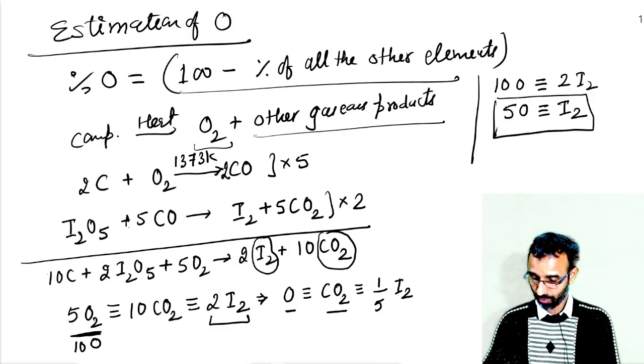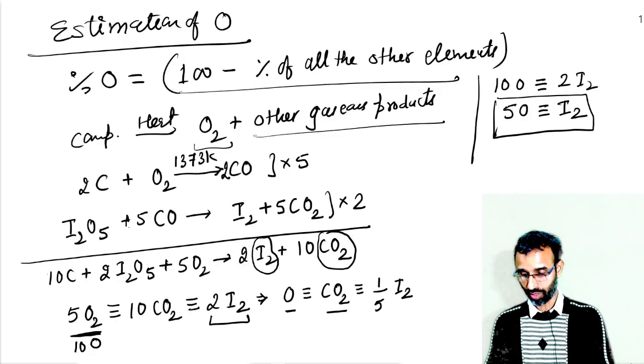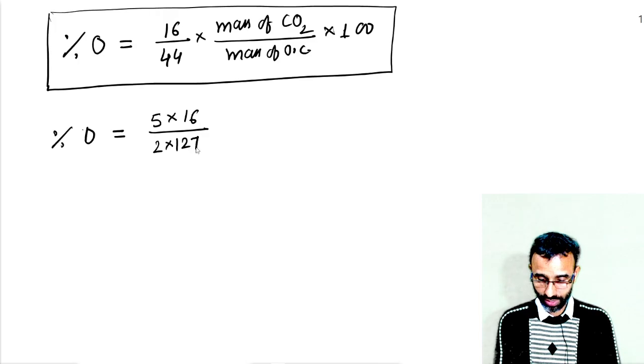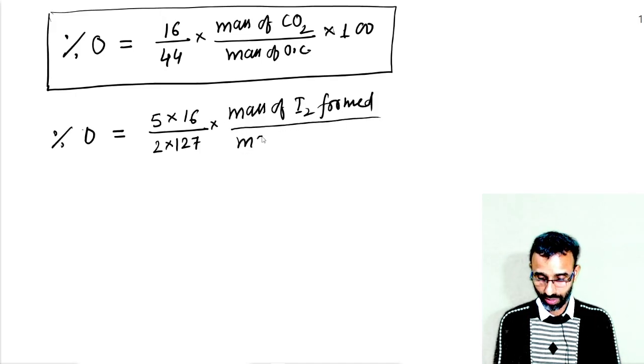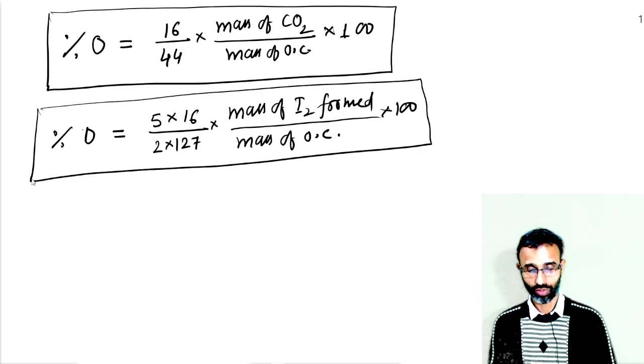That means 5 into 16, that is contribution of oxygen, divided by 2 into 127 into mass of I2 formed divided by mass of organic compound into 100.